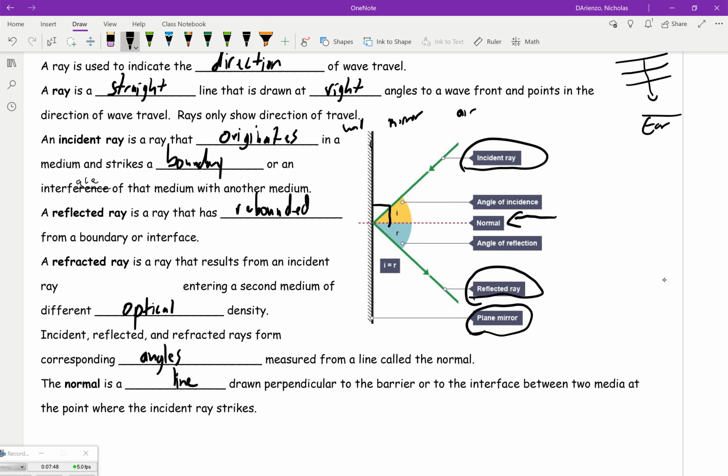So the ray strikes our mirror here, and at that point we can make a 90-degree angle, and that's where our normal is going to be. The normal forms a 90 with the boundary of our interface.